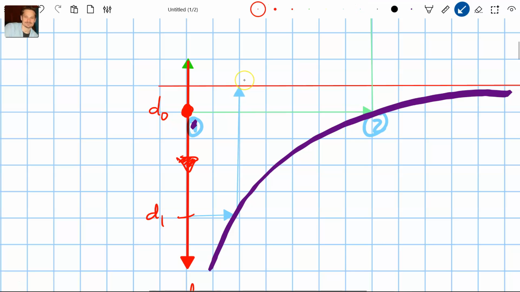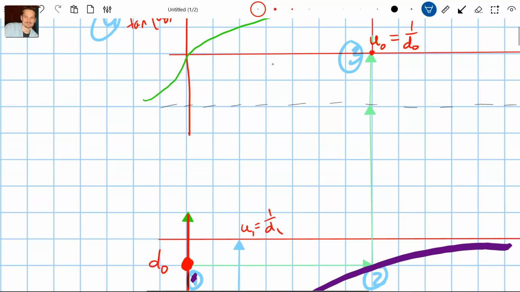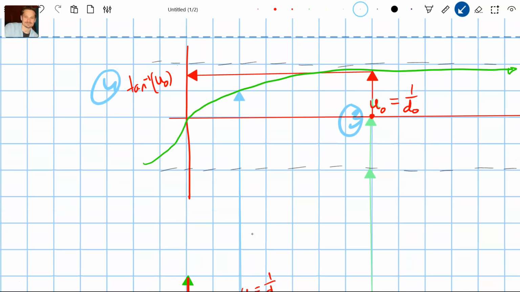Okay, so over here, let me grab the pen and erase that last bit. So this here is u equals, now we'll call this u1 equals 1 over d1. And then you've got to continue that up to there. So let me grab the arrow back. That's going to give me now the following. It's going to take me over to here, you see, on the u-axis, on the basic tan inverse curve.